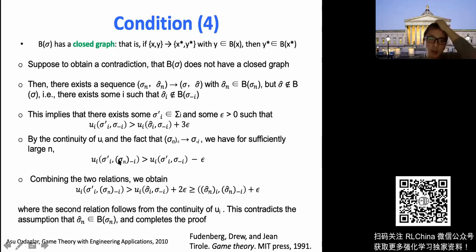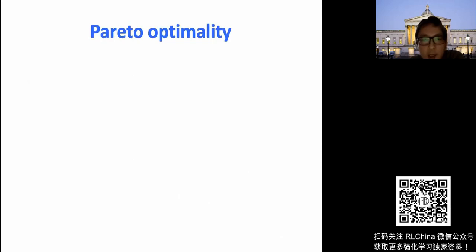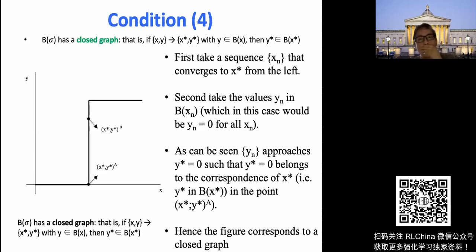From that you come to a conclusion that conflicts with your assumption, therefore proving that it is indeed the case. Visually, you can see that this is the best response curve, and this point always exists there. Therefore, it's a closed graph. Once you have that, you have the complete proof that there is indeed existence in the finite game.